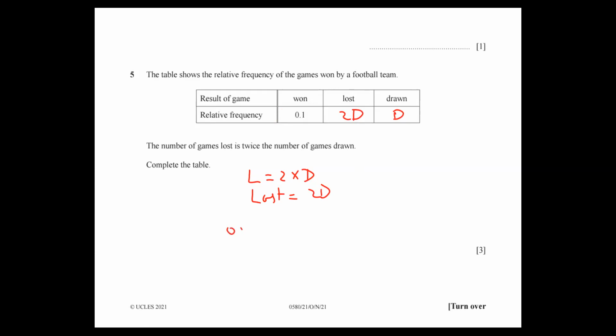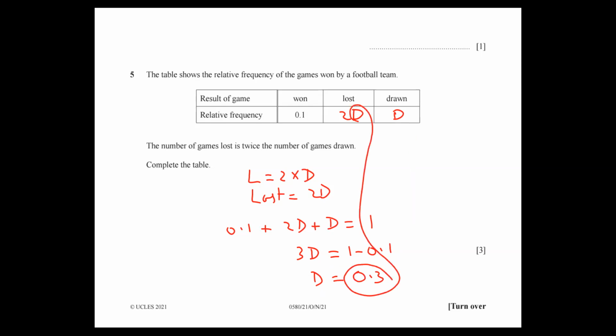So 0.1 plus 2D plus D equals 1. This becomes 3D, and 0.1 is shifted there: 1 minus 0.1. So D becomes 1 minus 0.1, divided by 3, and I got 0.3. So the drawn is 0.3, and 2 times 0.3 gives you 0.6 for the lost.